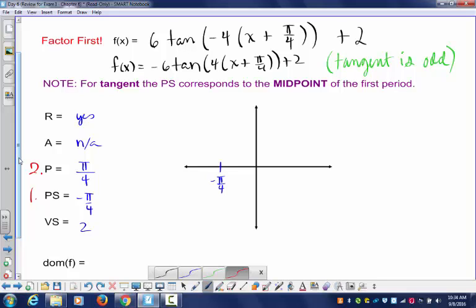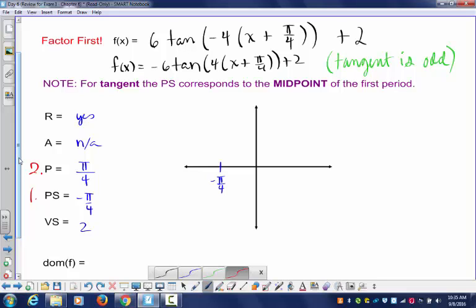So that minus pi over 4 is not the left endpoint of the first period, like it is for the other 5 trig functions. For tangent, it's right in the middle. If we were to look at the first period of a basic tangent, that first period looks like that. All the other first periods start right at the y-axis.